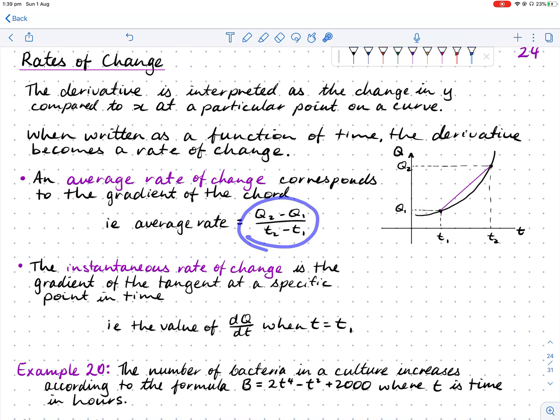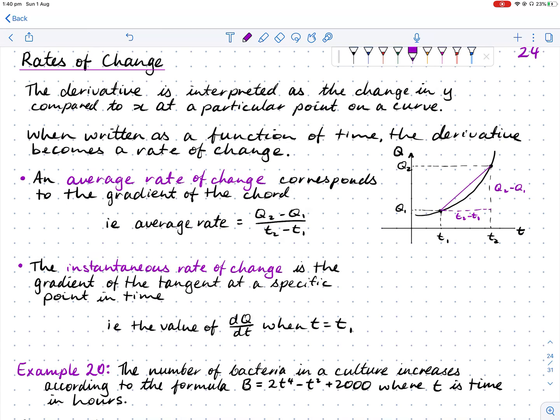So that will give me the average rate. So you can see that's a gradient formula. Okay, Q2 minus Q1 over T2 minus T1. Well, that's sort of like if we were to draw in a right-angled triangle, there's T2 minus T1, and that's Q2 minus Q1, vertical. So rise over run will give you Q2 minus Q1 over T2 minus T1.